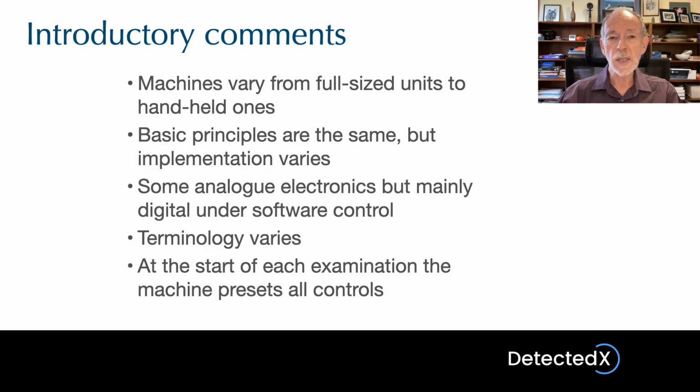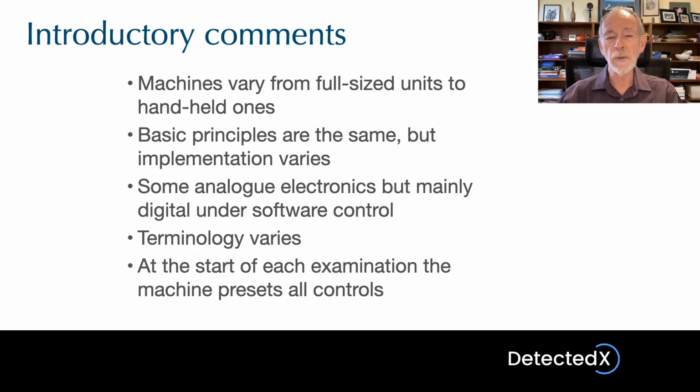The point of doing this is that the machine then presets all of the different variables in the machine to appropriate settings. So it will set the frequency, the amount of amplification, the depth of the image, a whole lot of the various parameters that can be varied will be adjusted to the optimum for a standard examination of that type.